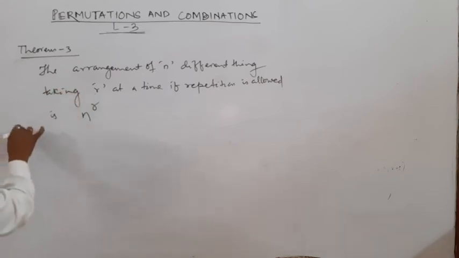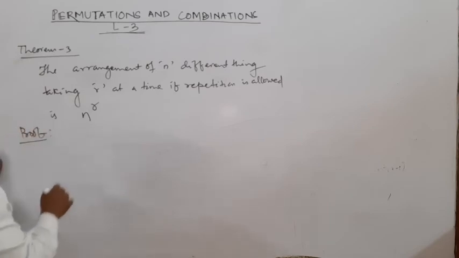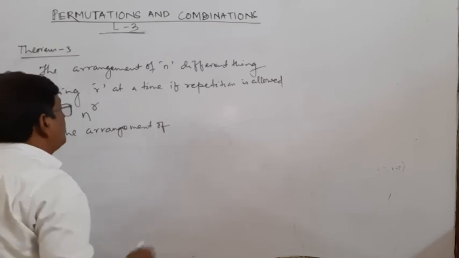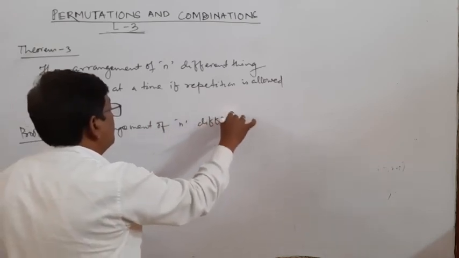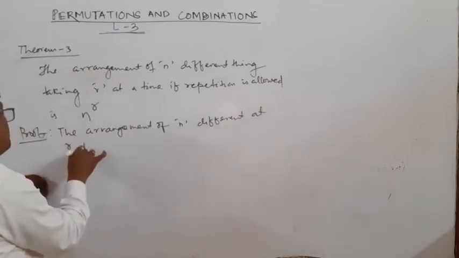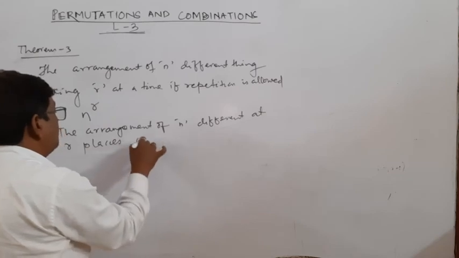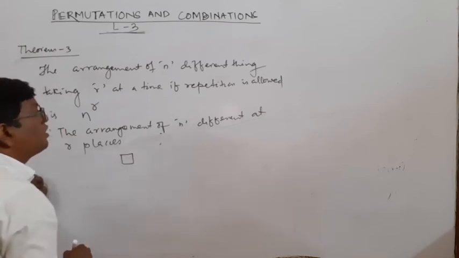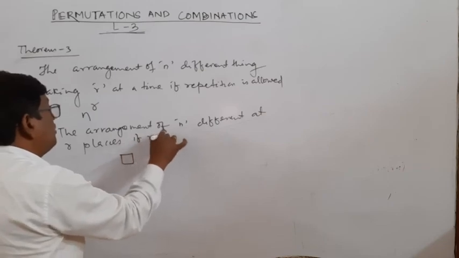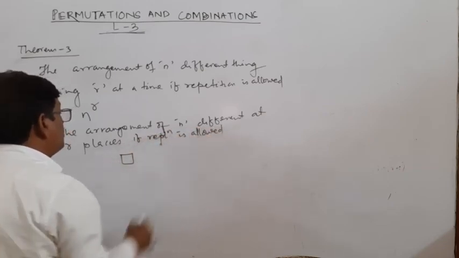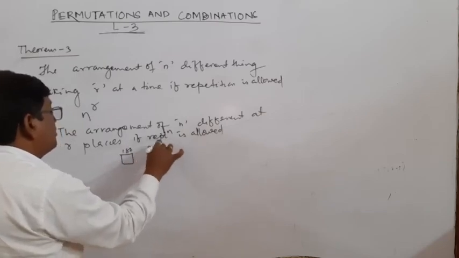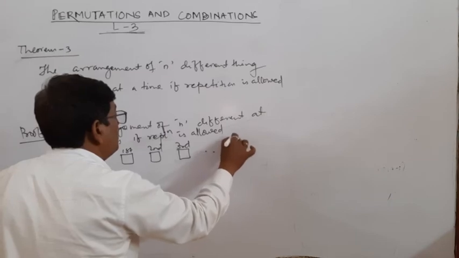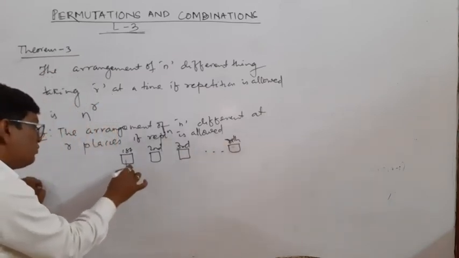Proof: the arrangement of n different things at r places follows this procedure. This is the first place, this is the second place, this is the third place, and this is the r-th place. The first place can be filled in n different ways.